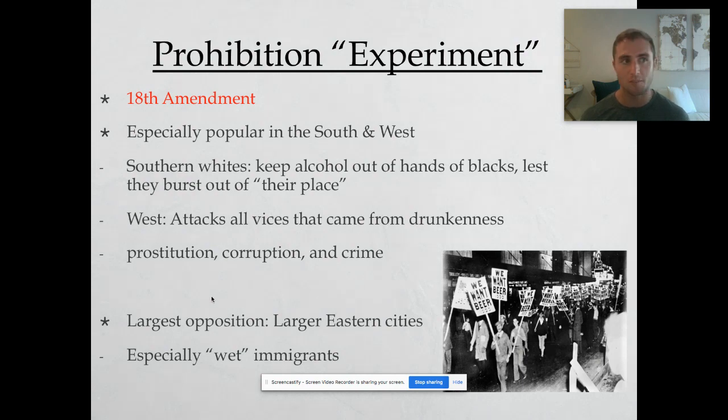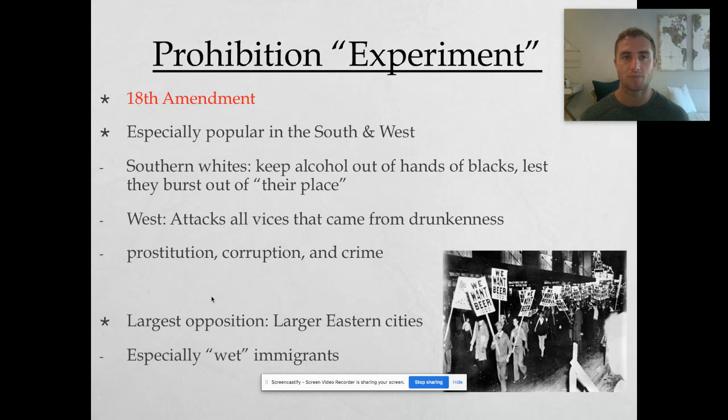Down in the South, because Southern racists believed that Blacks would drink and then it would make them rebel against whites or burst out of their quote unquote place in the racial codes of the Jim Crow South. And then in the West, where you've seen lawlessness for a long time, with free-flowing drink and prostitution and crime, this was viewed as a necessity to establish some order out in the Western states.